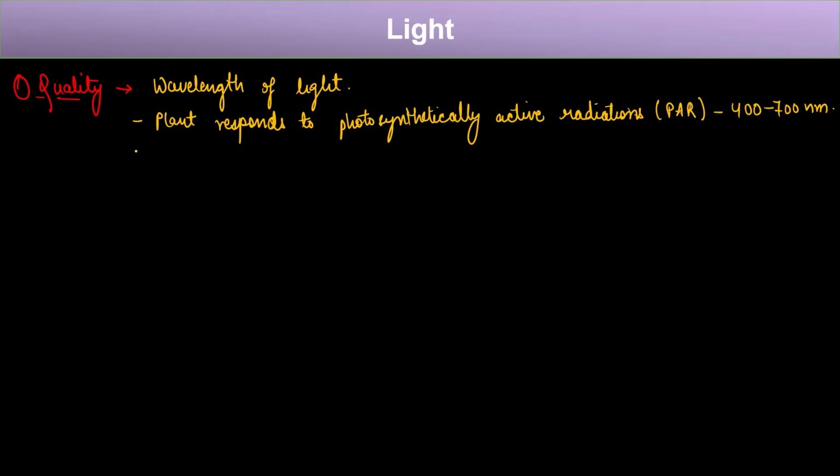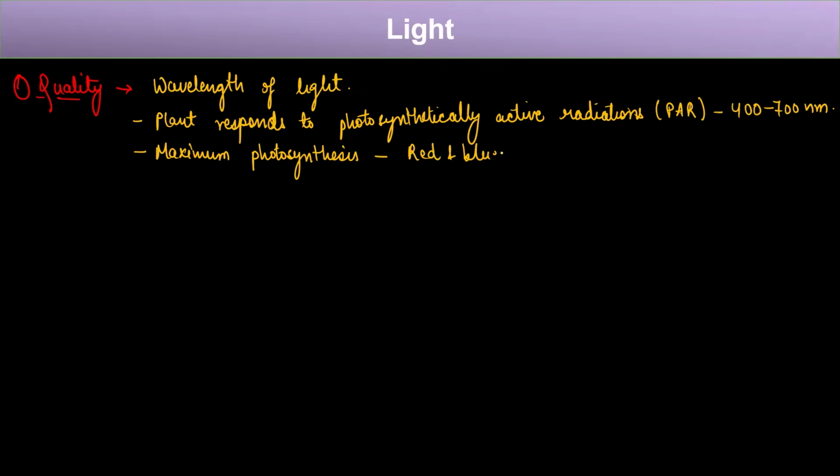And out of this, T.W. Engelmann proved which wavelength is most optimum for photosynthesis. We know that maximum photosynthesis happens in the range of red and blue wavelength light.